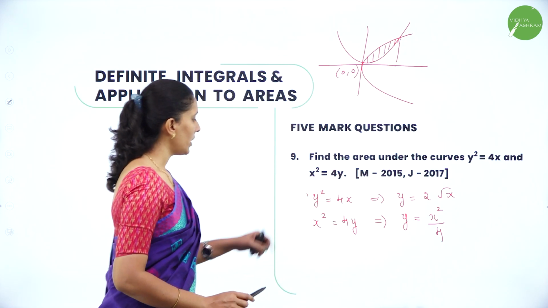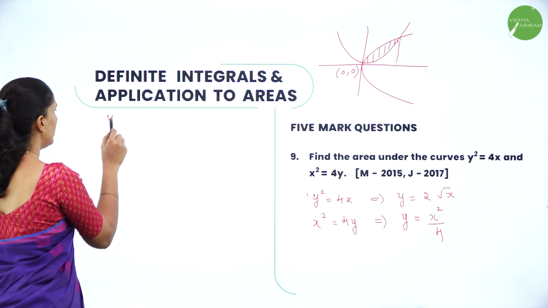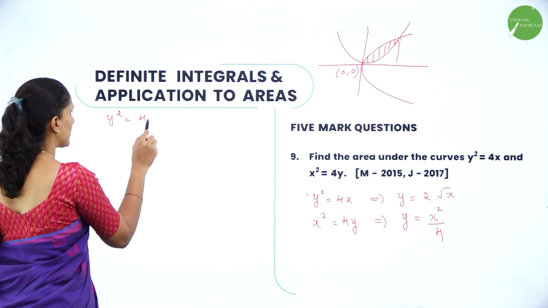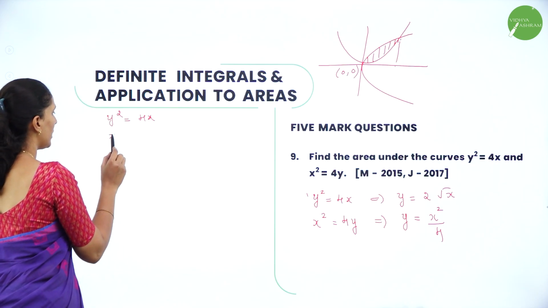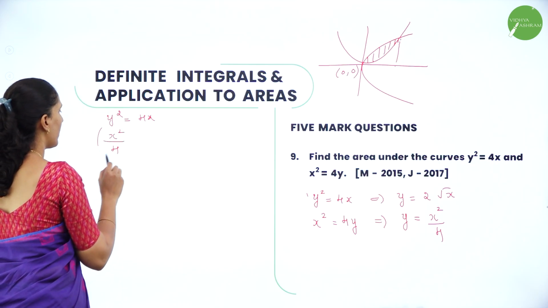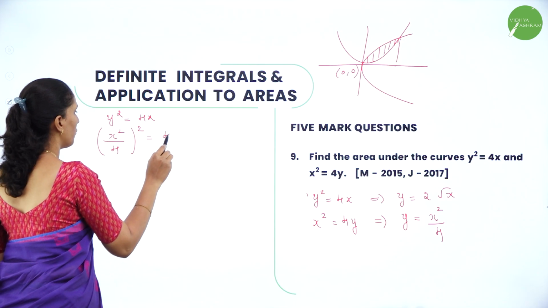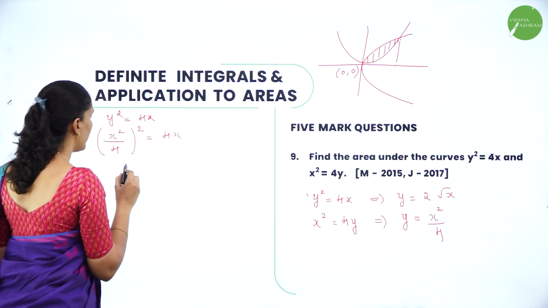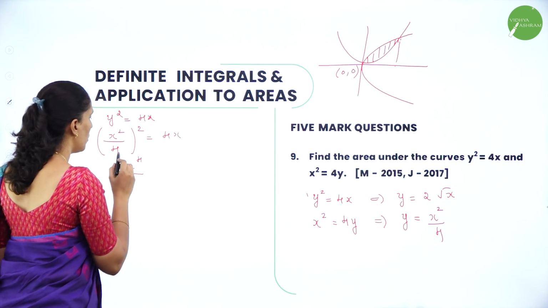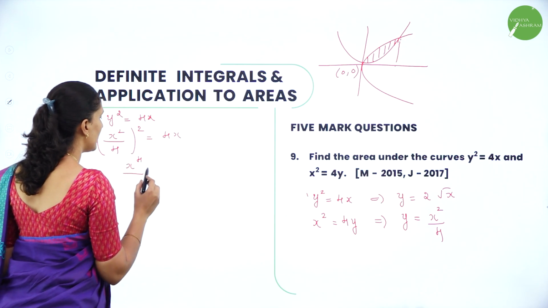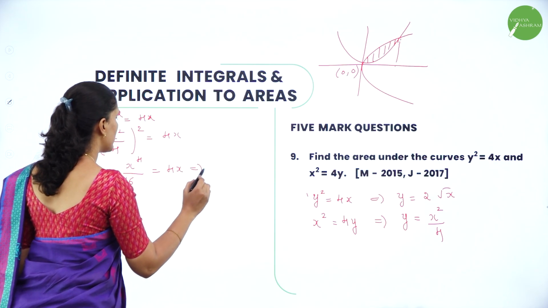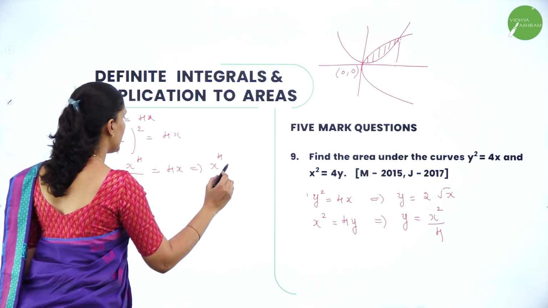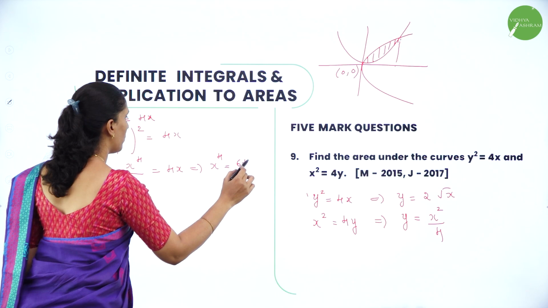So from these two equations, let me consider y square is equal to 4x. I can write y is equal to x square by 4 from the second equation. So x square by 4, whole square, is equal to 4x. This can be written as x power 4 over 16, since 4 square is 16. So I can multiply it, and this becomes x power 4 is equal to 64x.